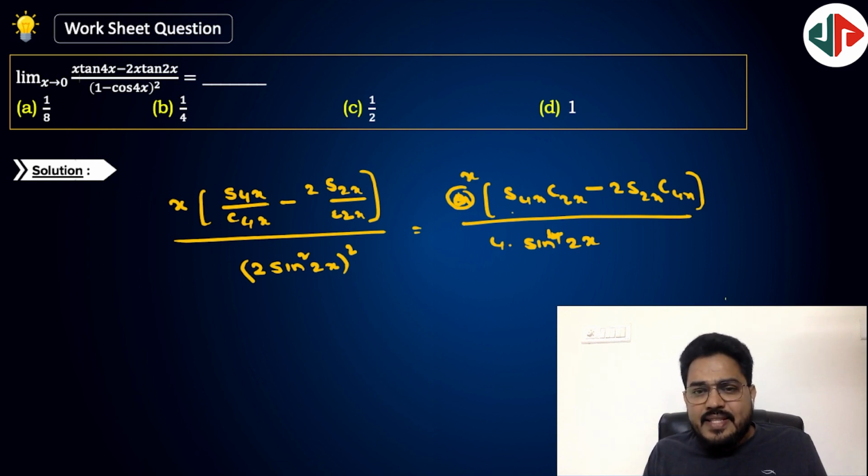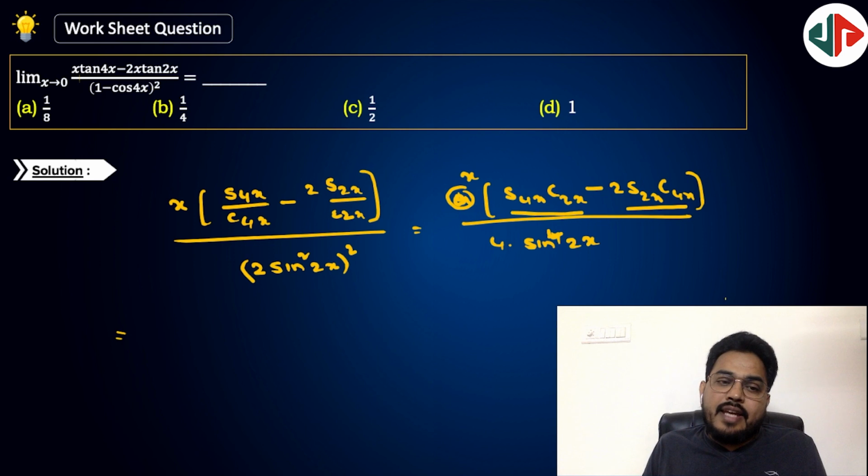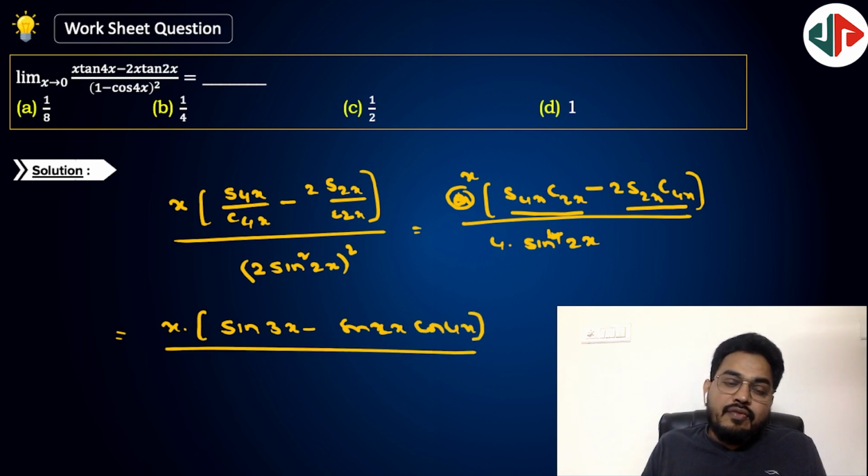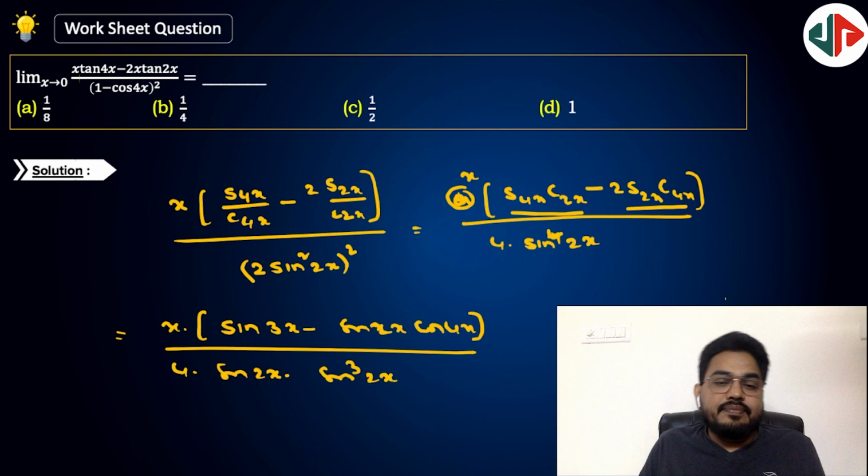And here, sin A cos B minus cos A sin B, if I take only one part, it will be equal to x into sin 3x minus sin 2x into cos 4x by 4 sin cube 2x.